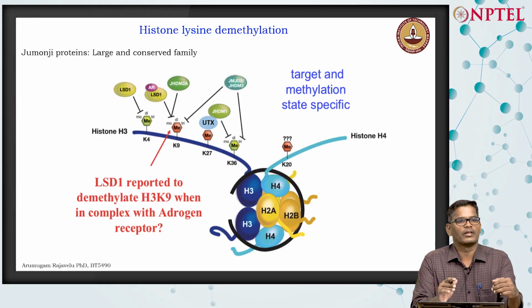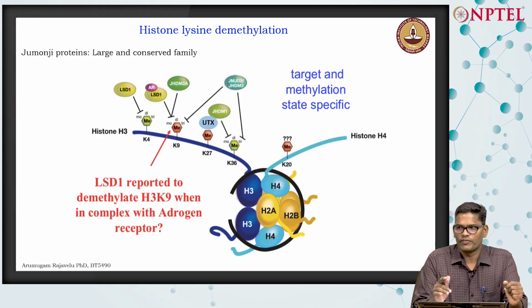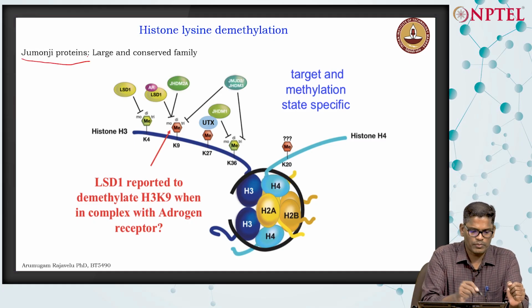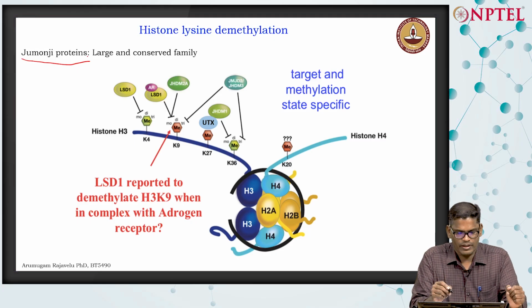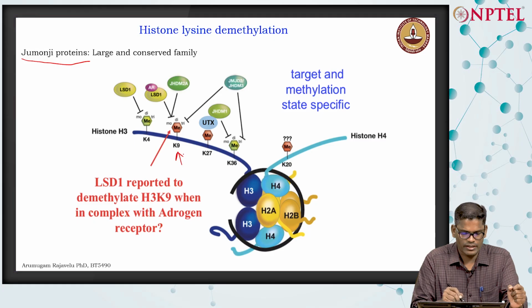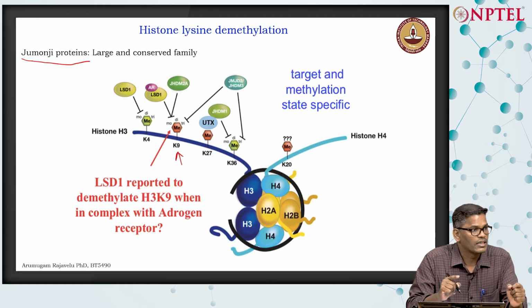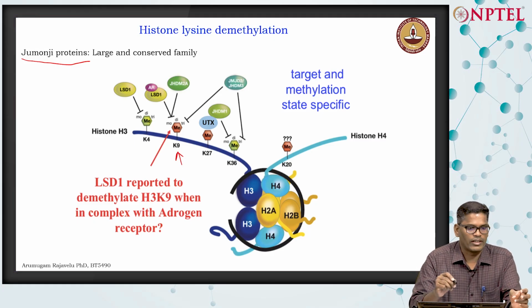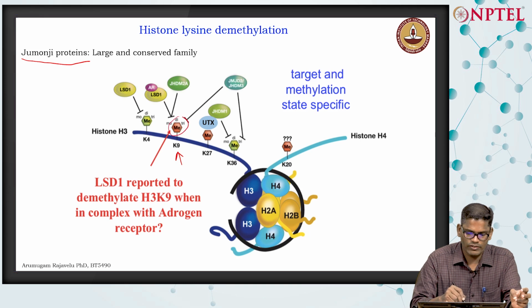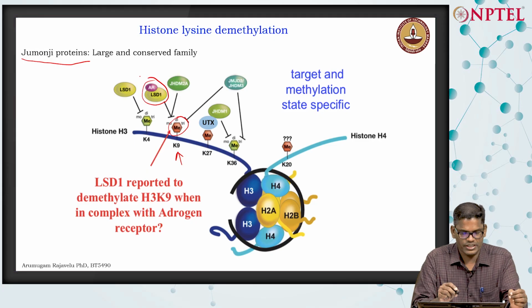Right. So, various studies have confirmed this. One example I tell you, one of the studies has identified the Jumonji protein. I said it mostly acts on demethylation at histone 3 lysine 9, and also LSD, I said, to some extent can act on K9. So, one study has shown that in the presence of the androgen receptor protein, when it is bound to LSD1, its specificity changes.